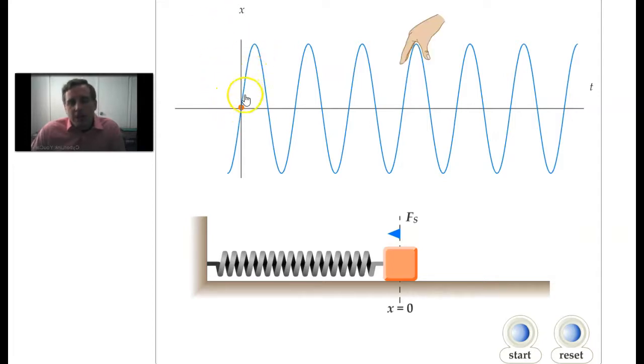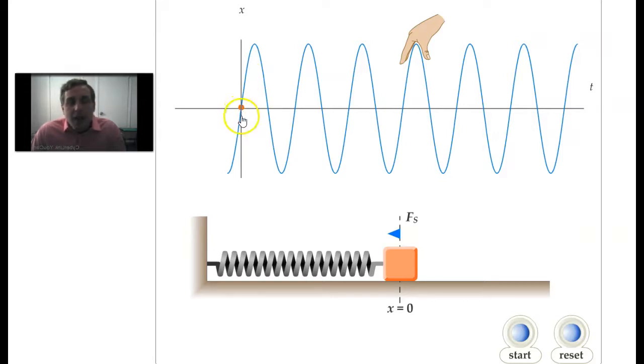Because this is a quarter period in time space, and that should be pi over 2 radians in radian space. In radian space, we have to oscillate through 2 pi radians for one full oscillation. So in this case, phi, the phase angle shift, is equal to, sorry, I said that wrong, phi is equal to positive pi over 2 radians.